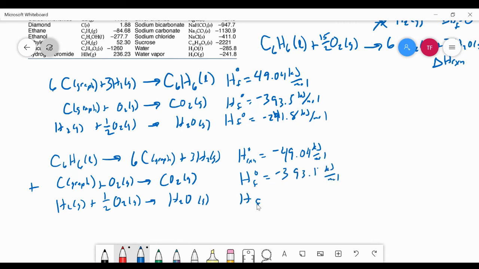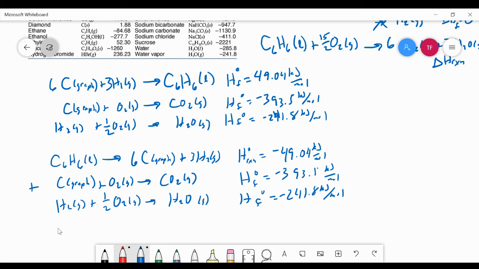And for this reaction is negative 241.8 kilojoules per mole. Notice I wrote this one as formation and this one as formation because we kept the reactions exactly the same as they were for the enthalpy of formation. This one I wrote reaction because I flipped it, so it's no longer the formation reaction, it's a new reaction, so I just wrote it as enthalpy of this reaction as written.